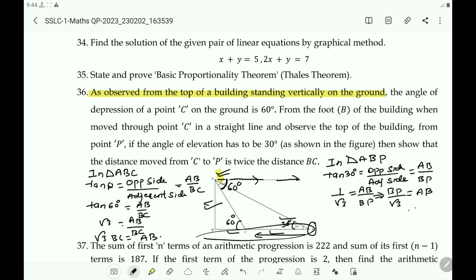Then you can equate, consider this is the first, this is the second. So both of them are AB. Then you write first and second are equal, as RHS are equal to AB. Then you can write BP by root 3 equals root 3 BC, which is same as BP is equal to root 3 into root 3 is 3 BC.